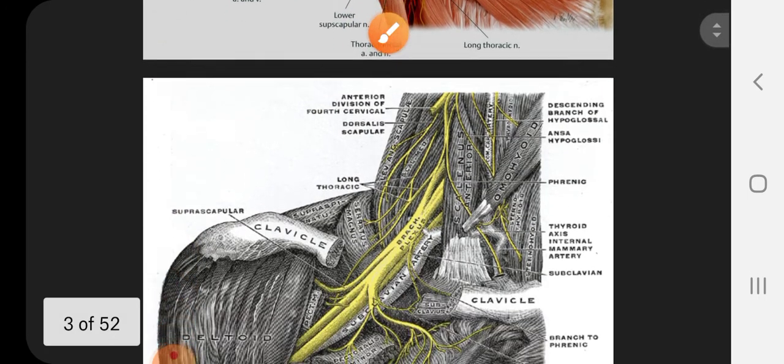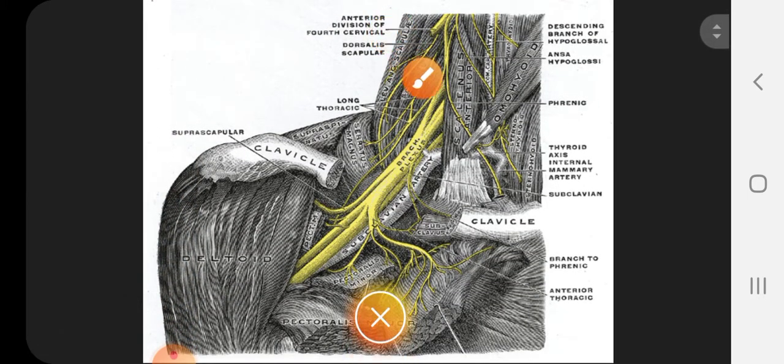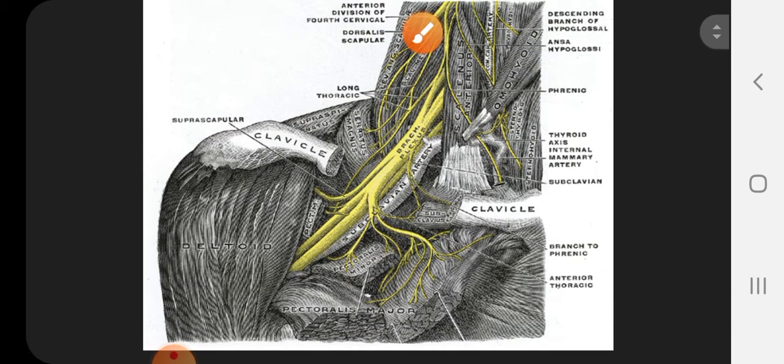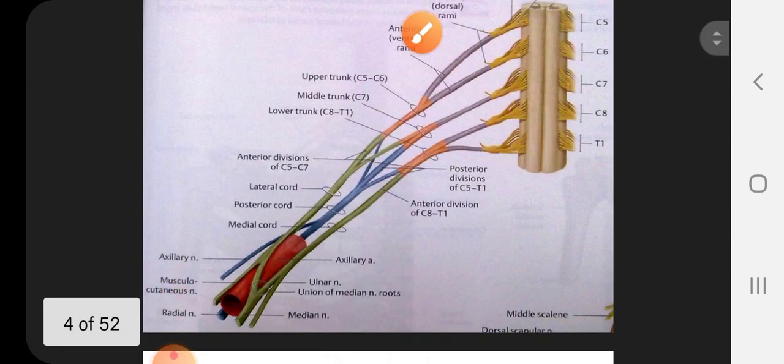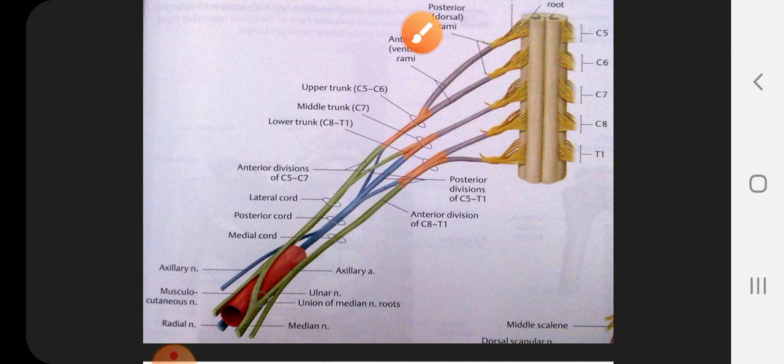So next we'll go to the different parts. This is a schematic diagram of the brachial plexus, and this is the clavicle; part of the clavicle has been removed. So this is really how the brachial plexus is seen. This is the spinal cord with the spinal nerves emerging out of it.